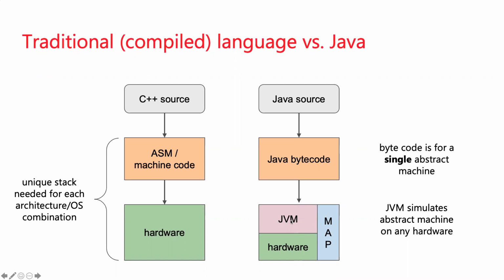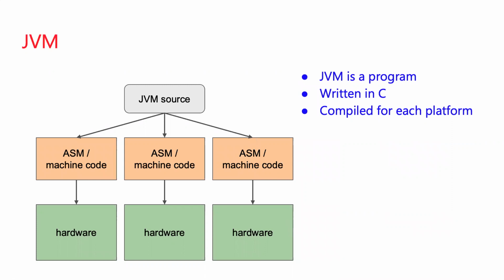We're going to need a different Java, at least a different executable, a different Java virtual machine program for every system we want to run Java on. And that's kind of what this slide is trying to show. If we want to run a Java program on 3 different systems with different OSs or with different processors, then we've got to take the Java virtual machine and build a version of that for one system and then build another version of that for different systems.